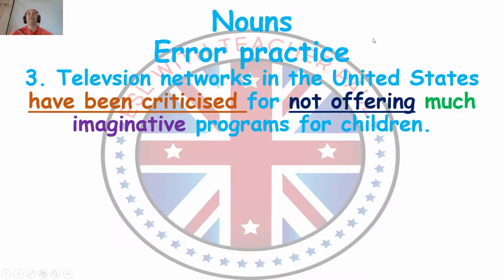Okay, we have to look at nouns. And we are looking at nouns. Programs, not offering much imaginative programs. The word before programs is imaginative. That is an adjective. It describes the programs. So imaginative is fine. Then the word before that is much.